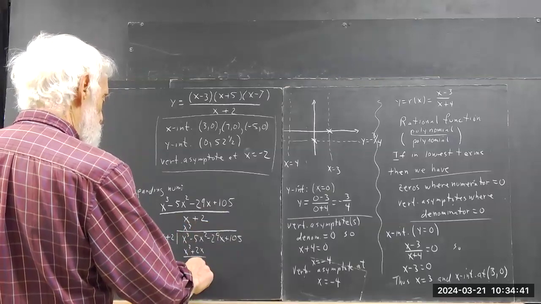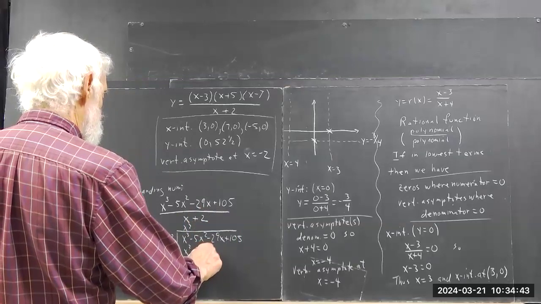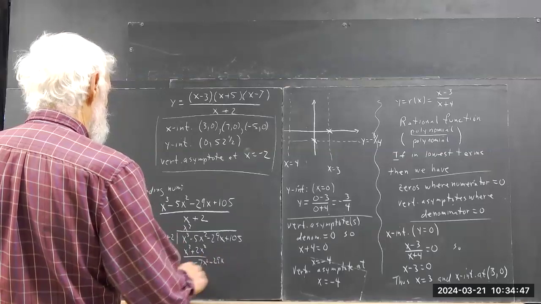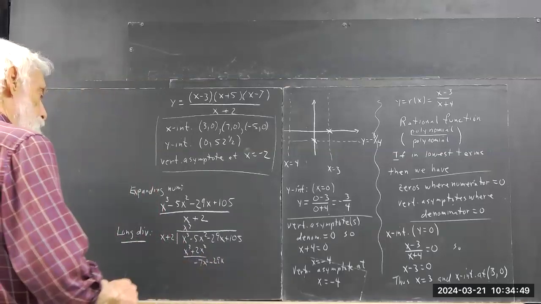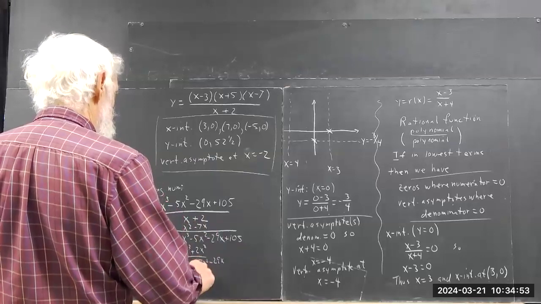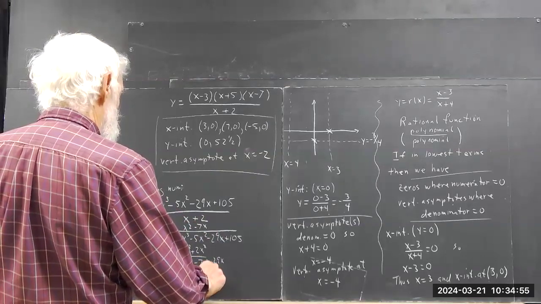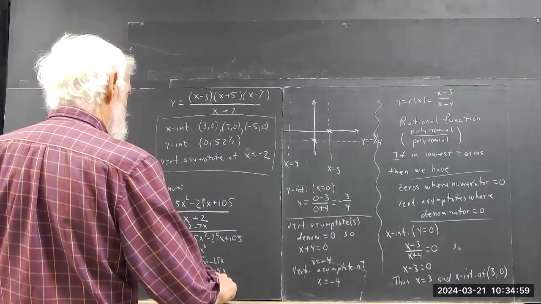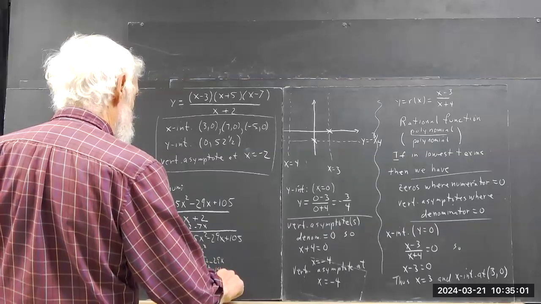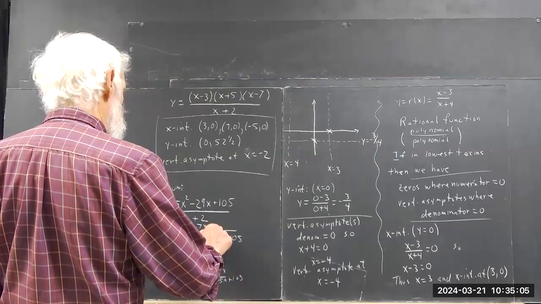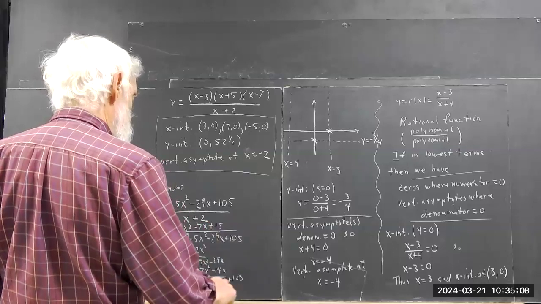Remember to subtract, I get a -7x squared. I'll put my -29x down there. So I'm going to get -7x. It'll give me -7x squared minus 14x. And that's going to give me -15x plus 105.